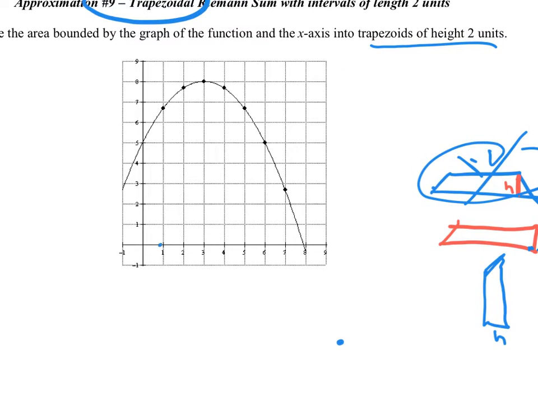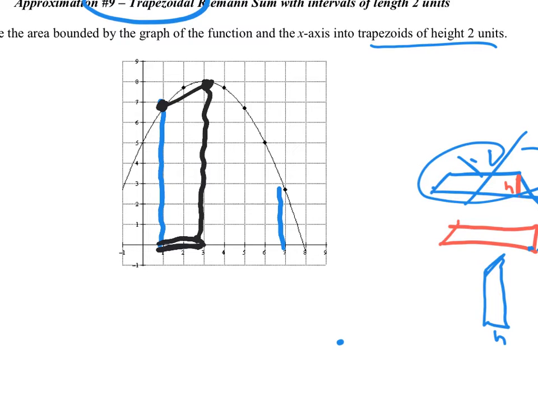So I'm going from 1 to 7, like I did before. Mark off the width of 2. That's the bottom of my trapezoid. If I connect this up to the function, this point and this point get connected. There's your trapezoid.